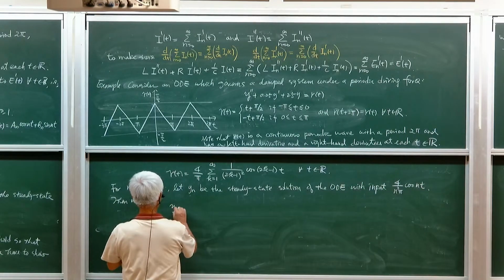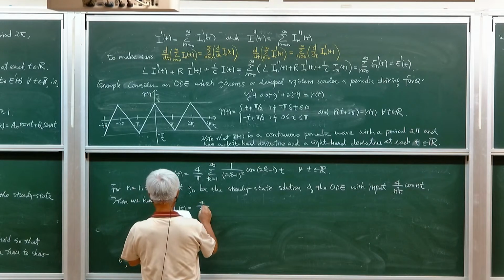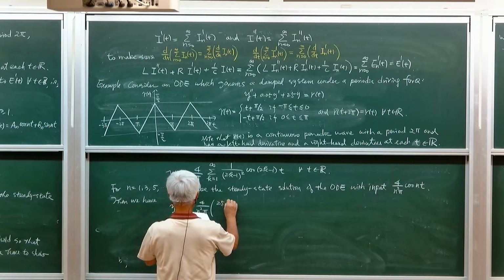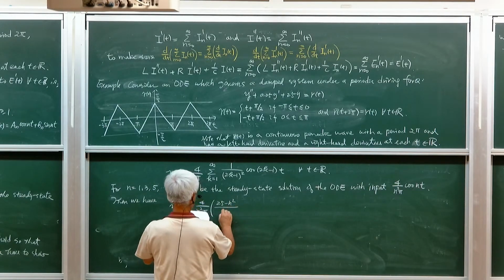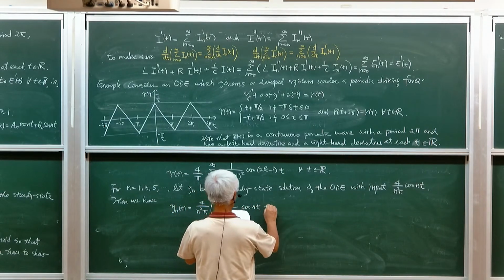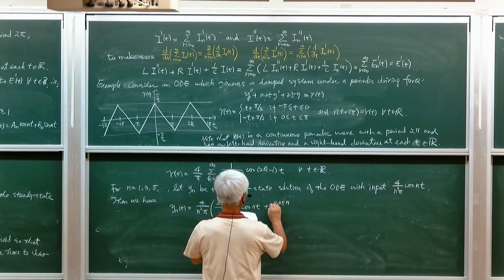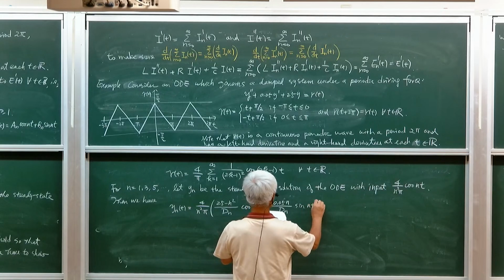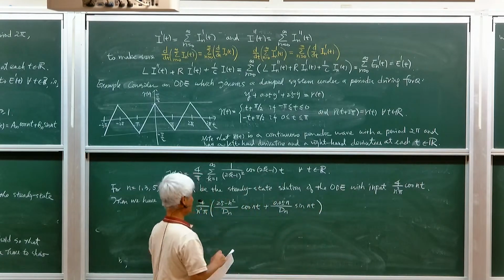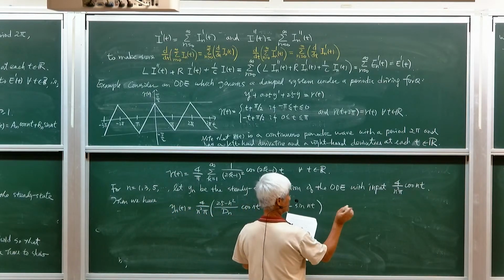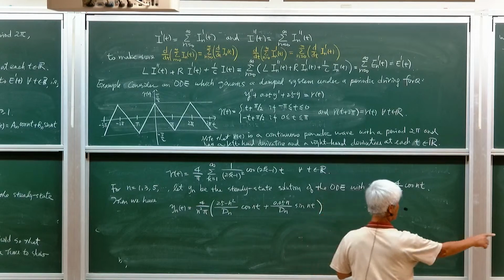So we have y_n(t) equal to, if you do the solution, (25 minus n squared) divided by D_n, a constant depending on n, cosine nt, plus 0.05 n divided by D_n, sine nt. As we know, the response should also be a sinusoidal signal with the same frequency, as we discussed before.